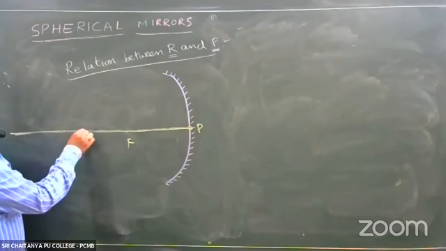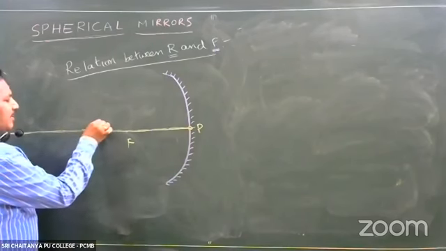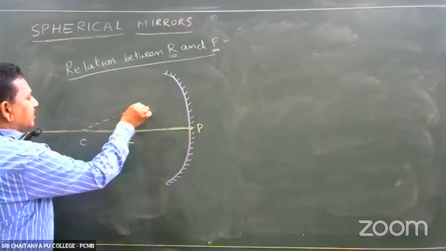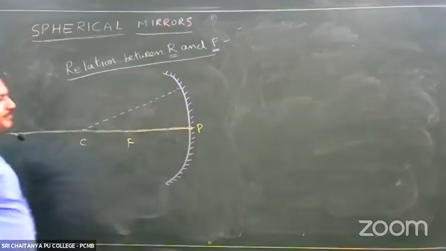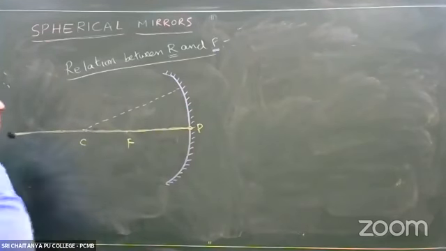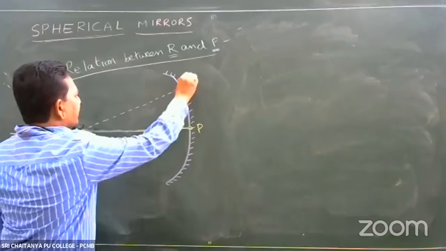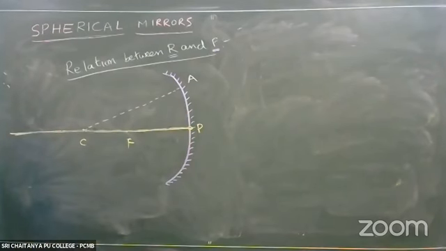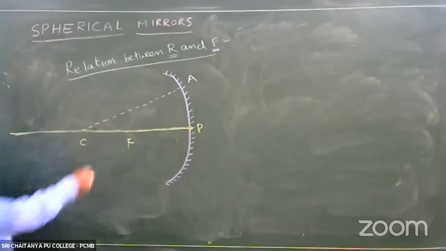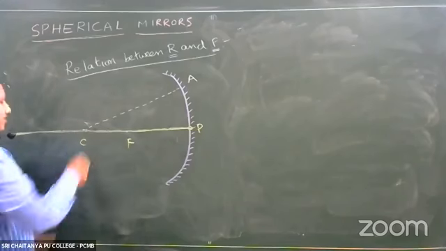Normal is nothing but any straight line joined from the center of curvature to any point on the mirror. I will imagine that the reflection takes place at the point A. The light ray is going to be incident at point A. Join the point A with C by means of a straight line. This represents what? Normal.